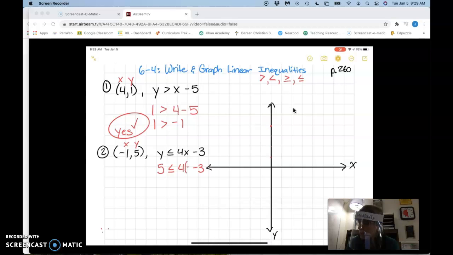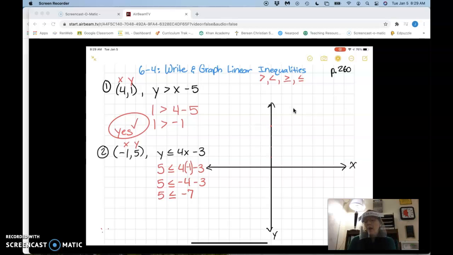Remember, when two things are written next to each other, it means multiply. So I'm using parentheses right there. And then I'm just going to simplify each side. So 5 is already simplified. And 4 times negative 1 is negative 4 minus 3, and negative 4 minus 3 is negative 7.